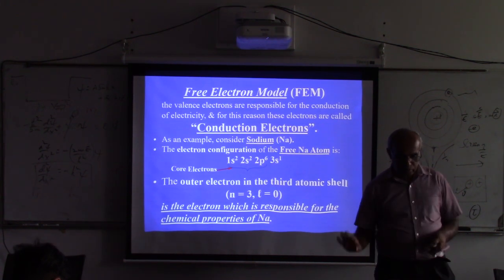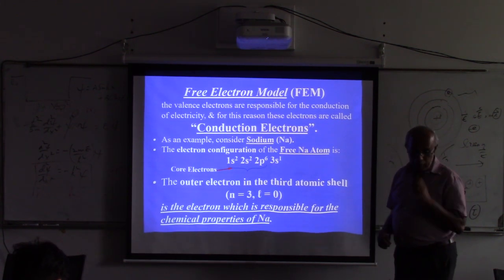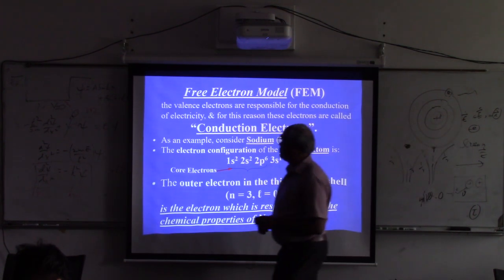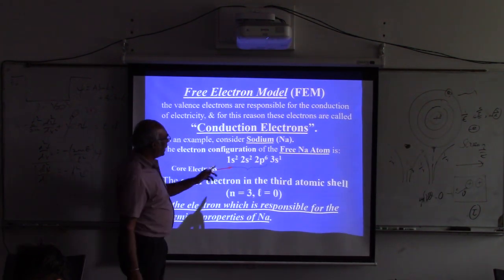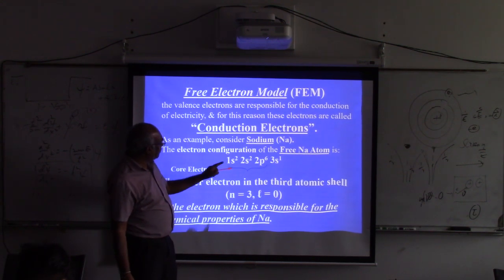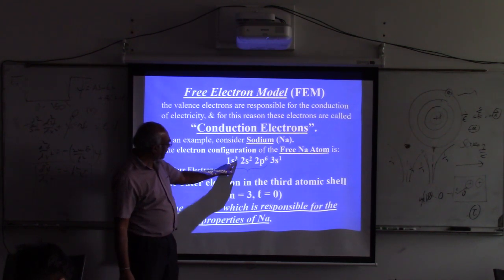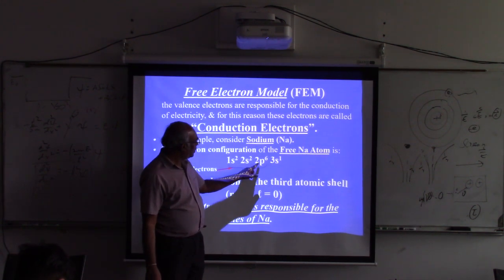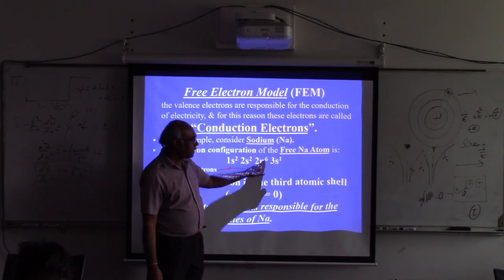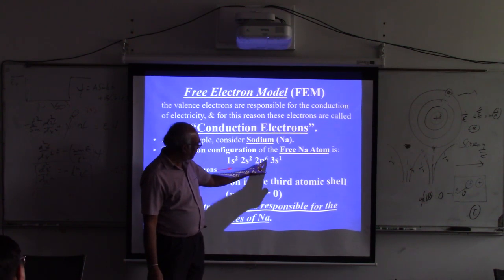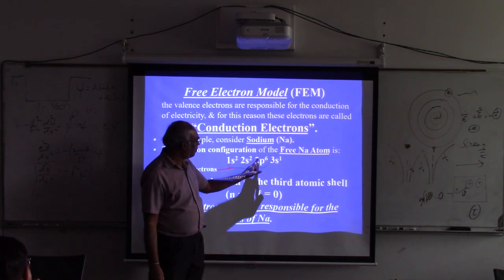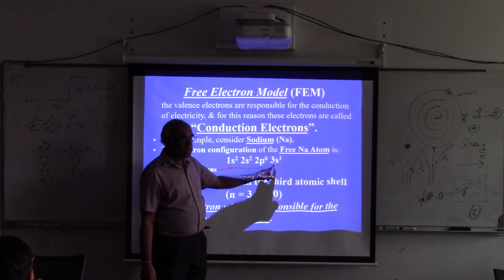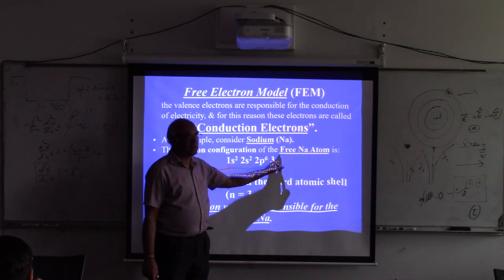Okay, then if you take the free electron model, for example, the sodium atom. If you look at the electronic configuration, we have 2 electrons in 1s2, 2 electrons in 2s2, 6 electrons in the 2p6 orbital, then only 1 electron in the 3s orbital. This is the valence electron, right?